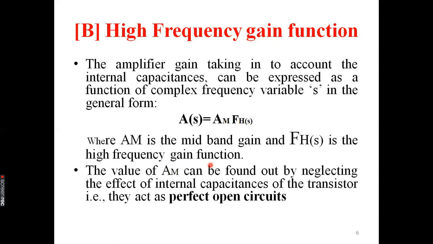Just like the Z transform, which is applicable for the discrete time system, the Laplace transform is applicable for a continuous time system for analytical purposes. So here you can see FH of S is the high frequency gain function which has some effect over A of S.